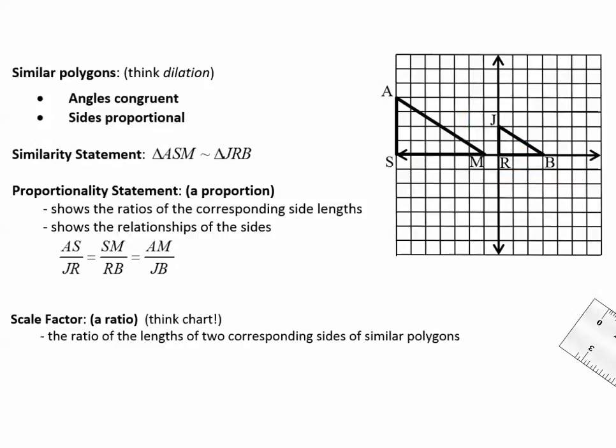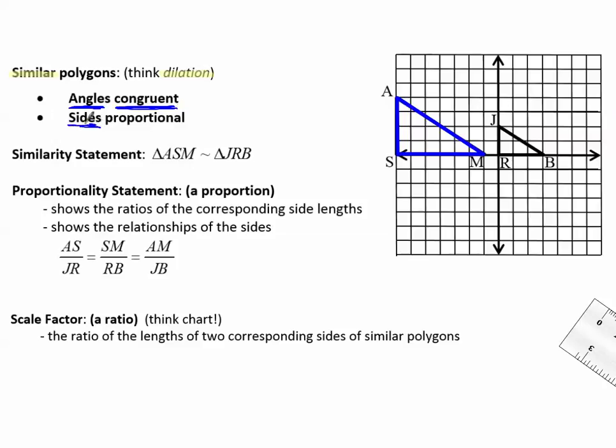This creates similar polygons. Think dilation. So when we matched up the angles, all of the angles matched. Therefore, in similar triangles, the angles must also be congruent, just like congruent triangles.